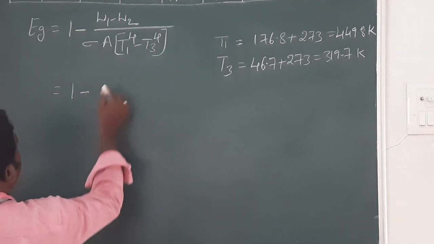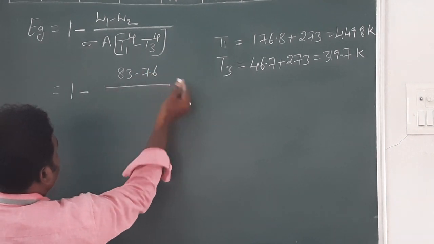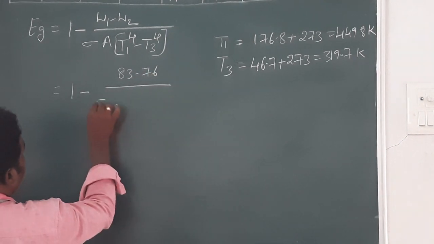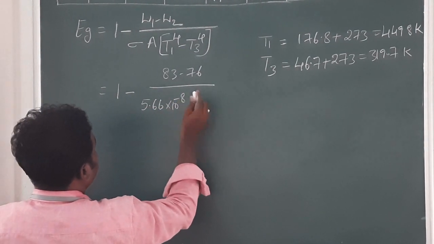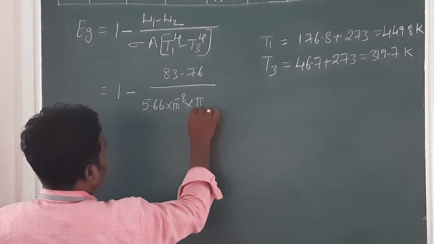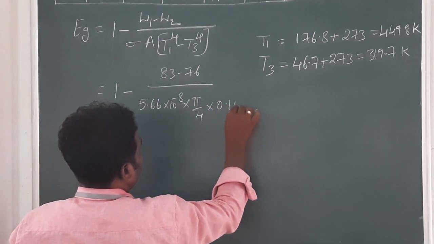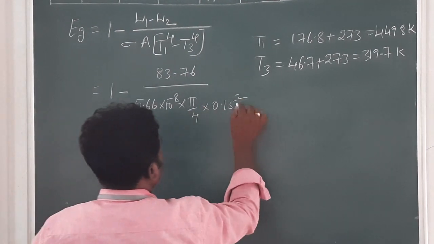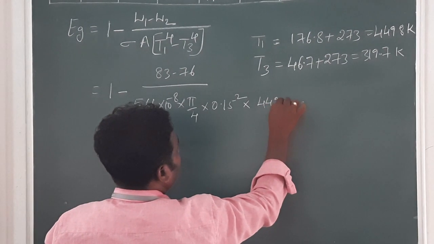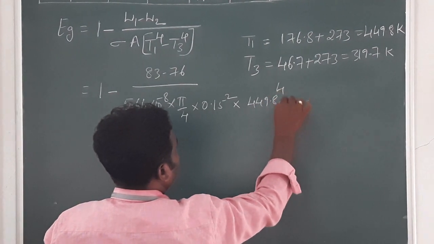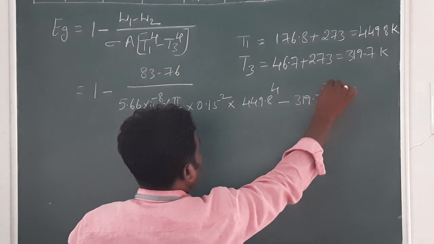1 minus 83 minus 76 divided by 5.66 into 10 to the power of minus 8 into area pi by 4 into 0.15 square into temperatures 449.8 power 4 minus 319.7 power 4.